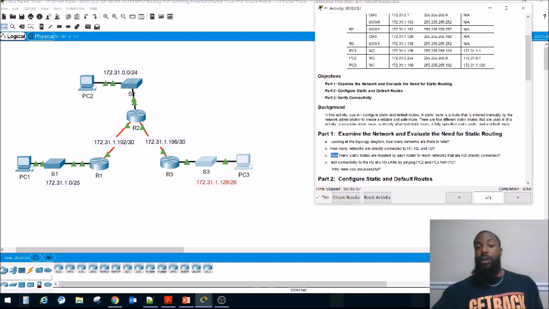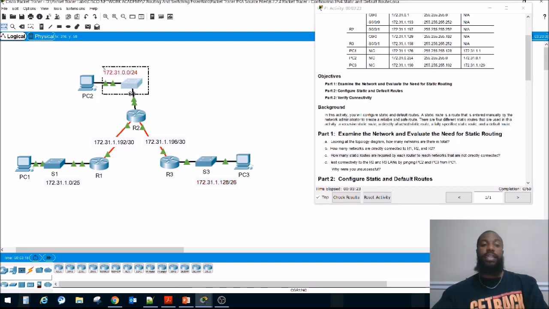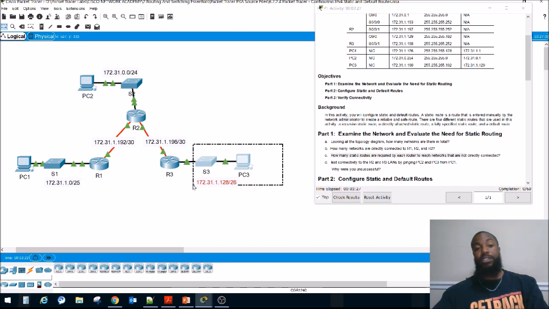How many static routes are required by each router to reach networks that are not directly connected? Router 1 has this network and this network not directly connected to him, so he got 2.